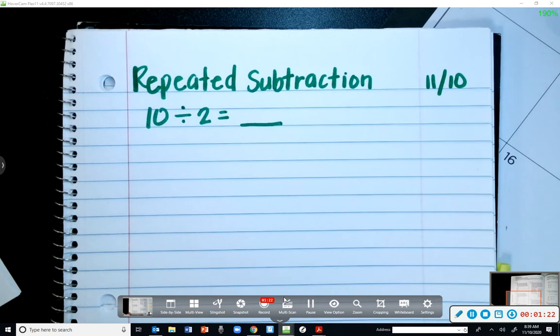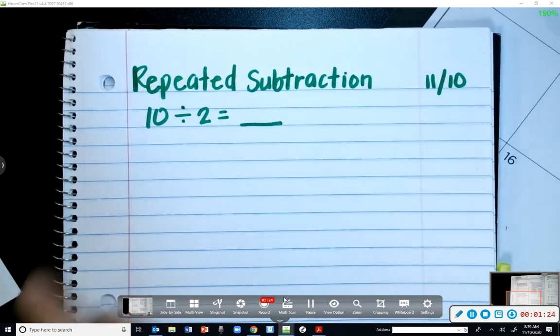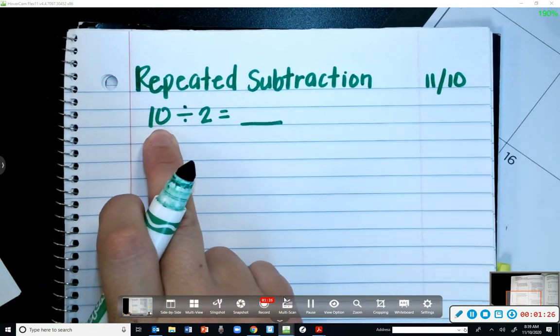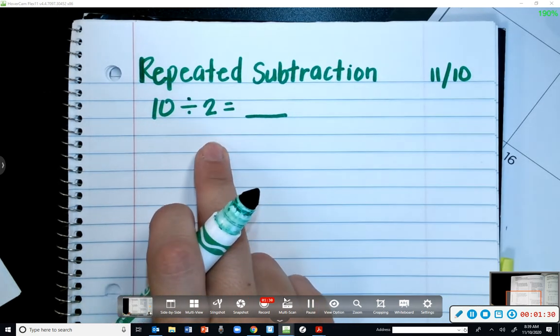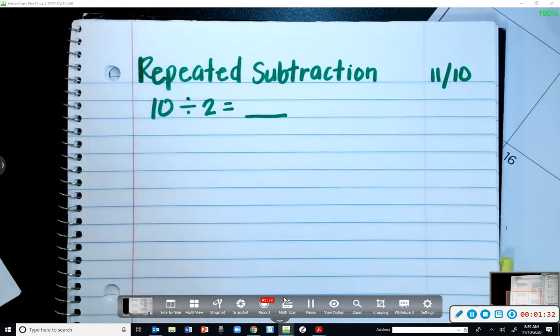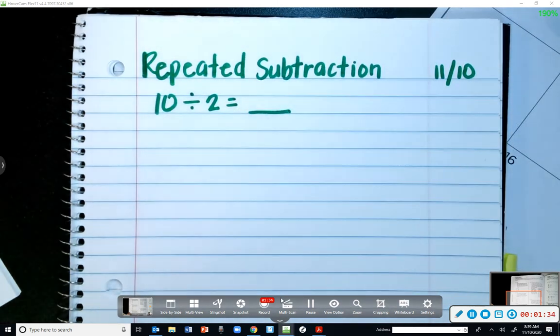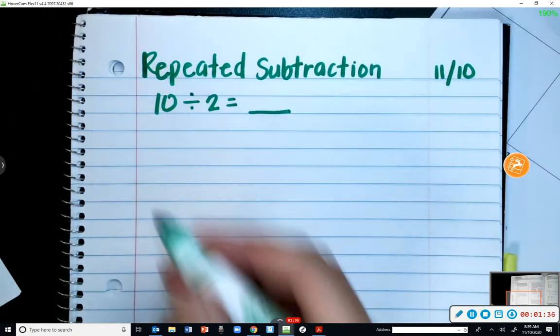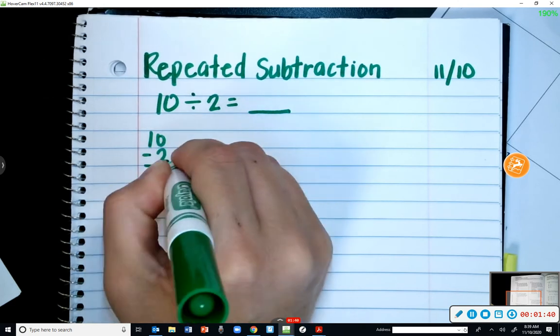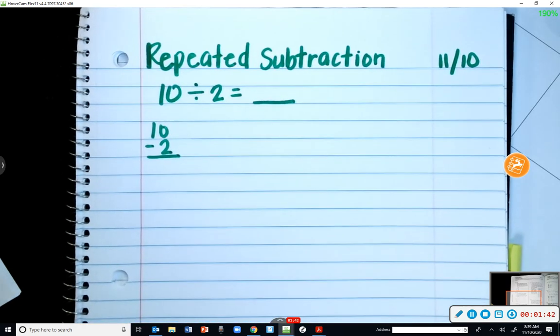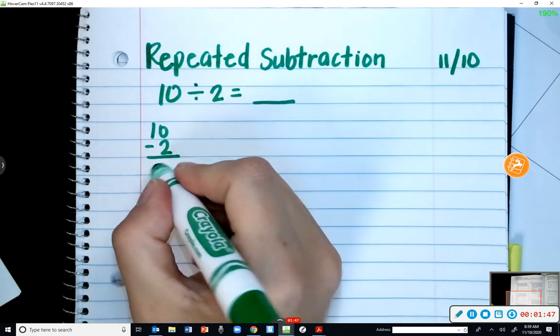To do repeated subtraction, you're going to take your dividend and subtract the divisor, and you're going to keep subtracting until you get to 0, okay? So I'm going to start with 10 minus 2. What is 10 minus 2? 8.